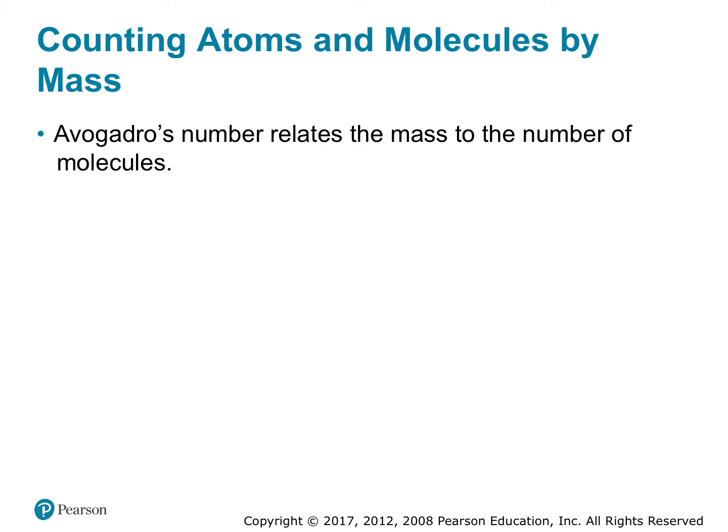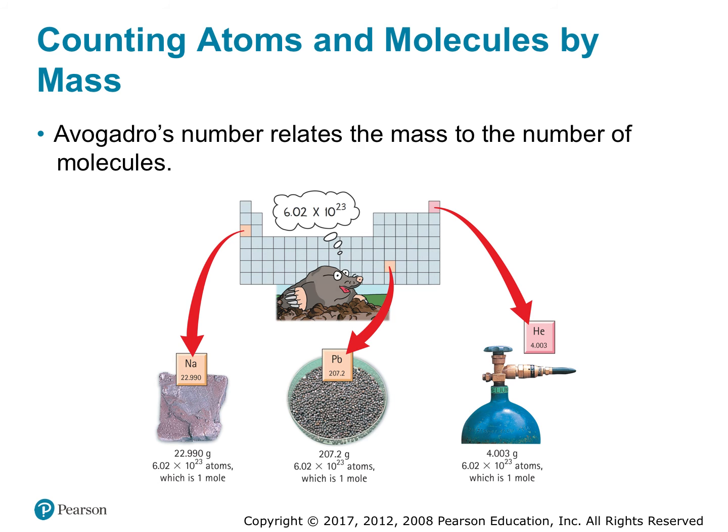Now, it turns out there's a very special number called Avogadro's number that relates the mass of a substance to its number of molecules or atoms. And that number is given right here. It's 6.02 times 10 to the 23rd.